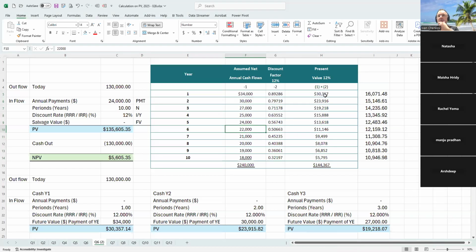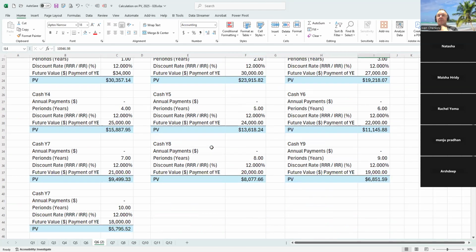And now, watch this. The $34,000 received at the end of the first year is worth $30,000. But if I receive it 10 years from now, it's only $10,000, $11,000. Make sense? Yes, it does.